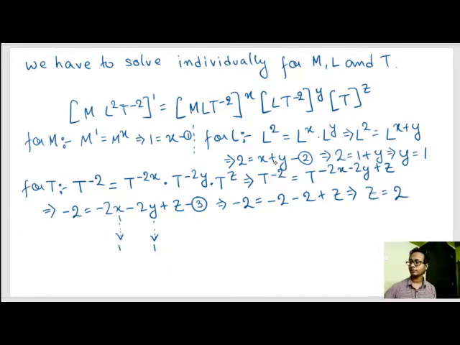So from T, z equals 2. Therefore we have obtained three values: x equals 1, y is equal to 1, and z equals 2.